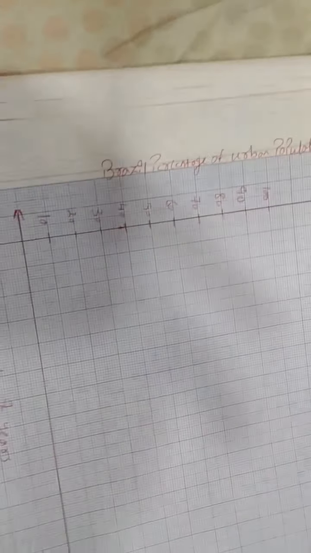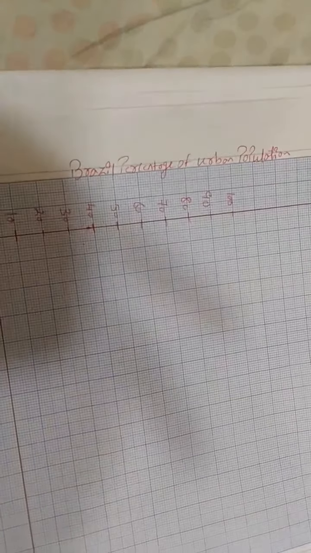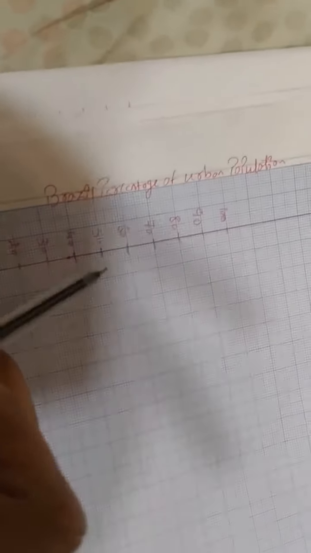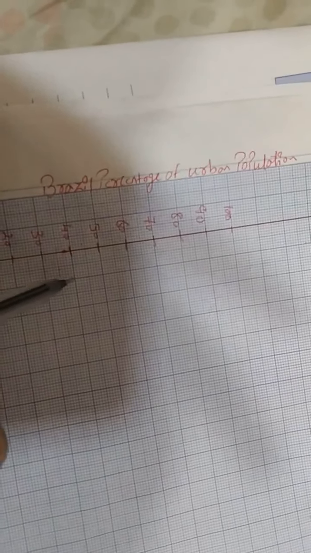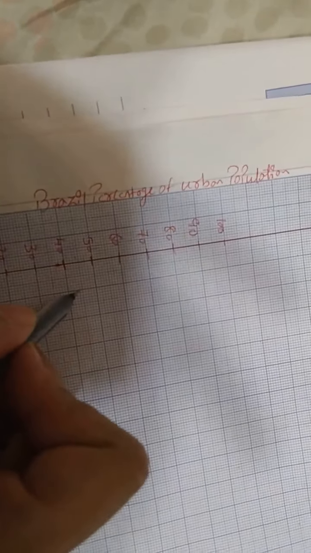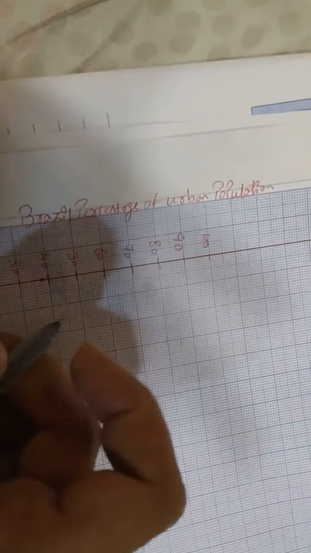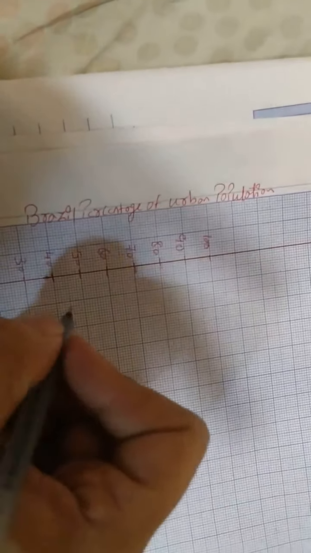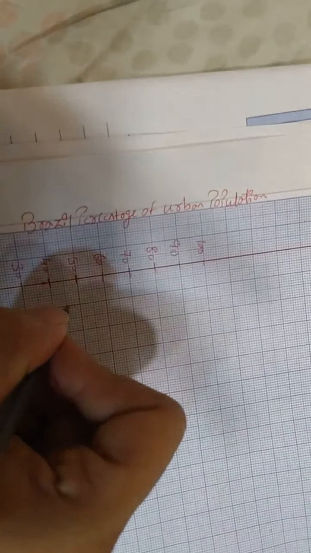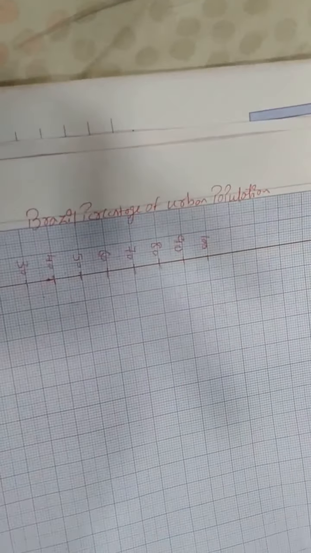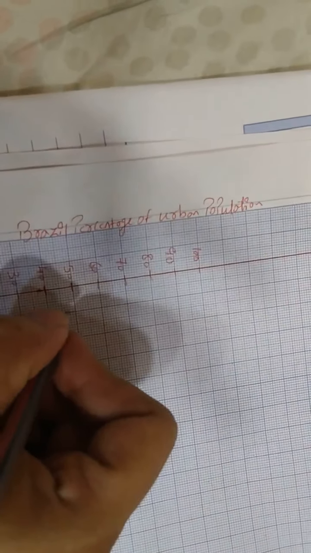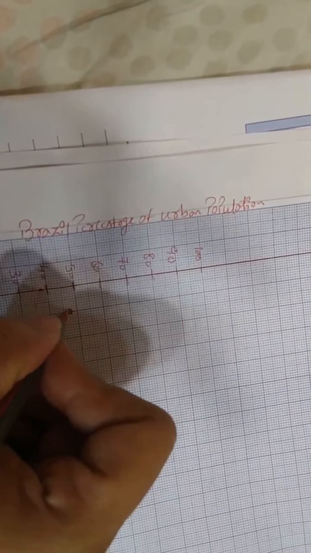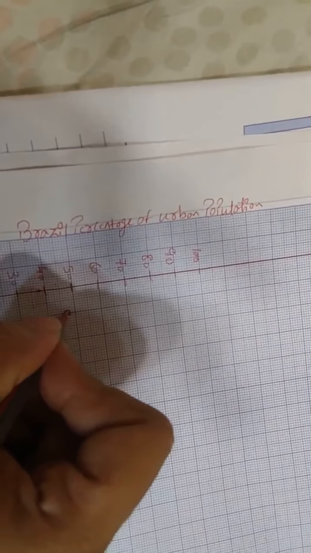Let us come to the graph and plot 47.1. Here it is your 40, half of it is your 45, and 47 is somewhere around here, where you have to put a dot. As we are drawing a line graph, you have to put a dot here.